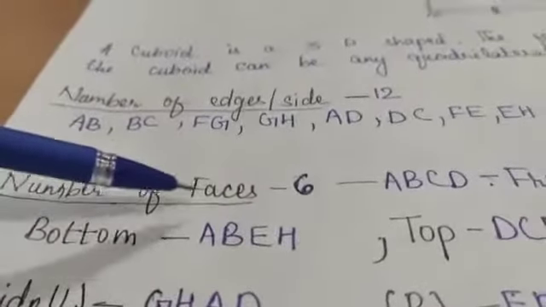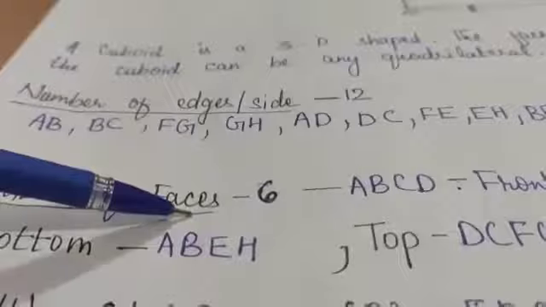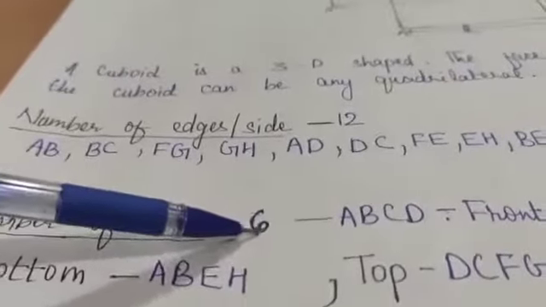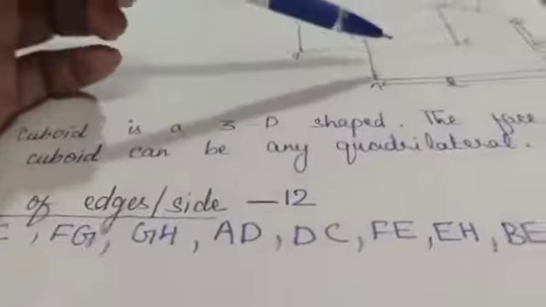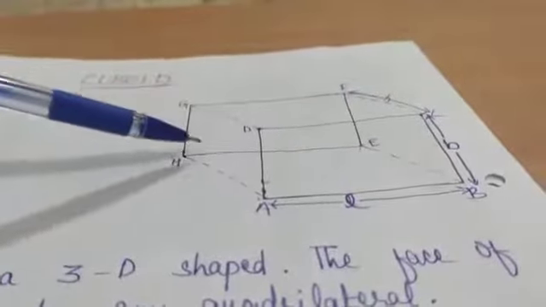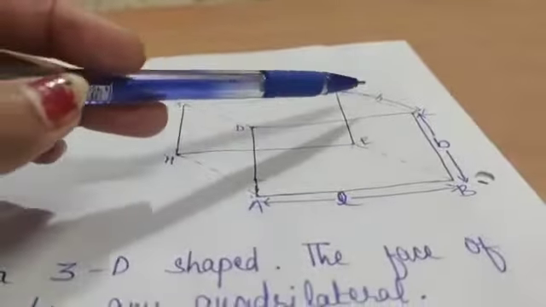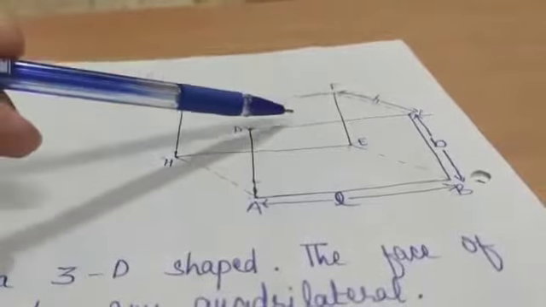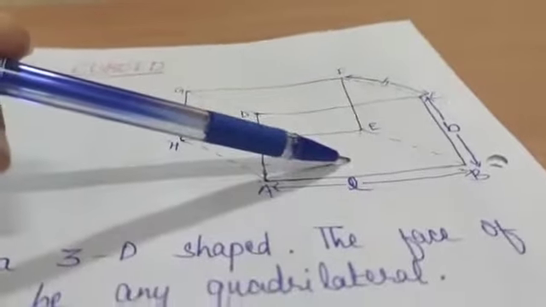Now, the number of faces in a cuboid. The number of faces in a cuboid is 6. That is front, back, left side, right side, top face, and the bottom face.